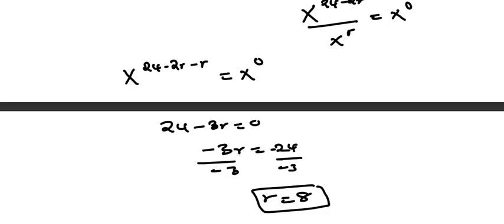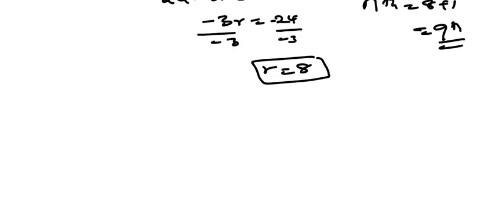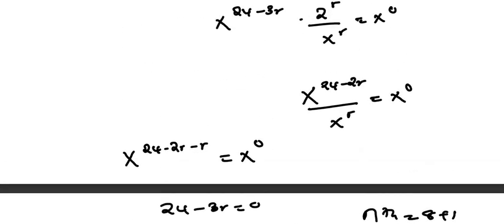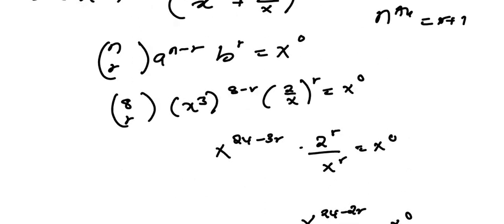Once you get your r, you can replace it in this expression to get the value of the term. So this is the 9th term. It is the 9th term that is independent of x. We have to actually get it. So this is 8 choose 8. Then this is going to give us what? x to the power 3, this is 8 minus 8. That's going to give us, was this 8 or 12? Where did I get the 12 from? Okay, it's 8.